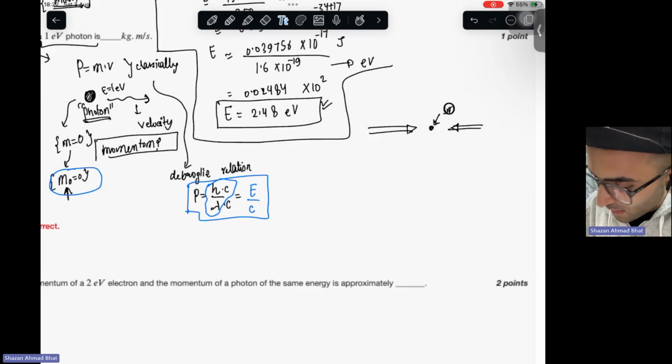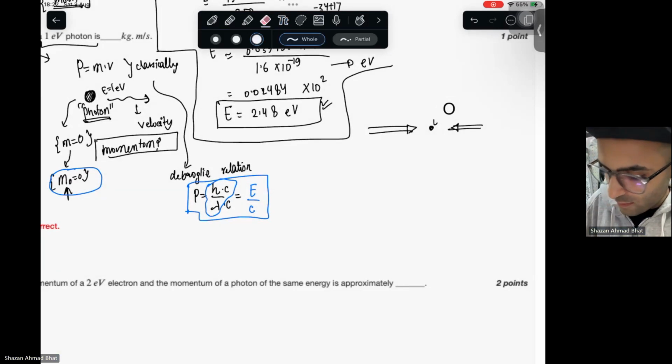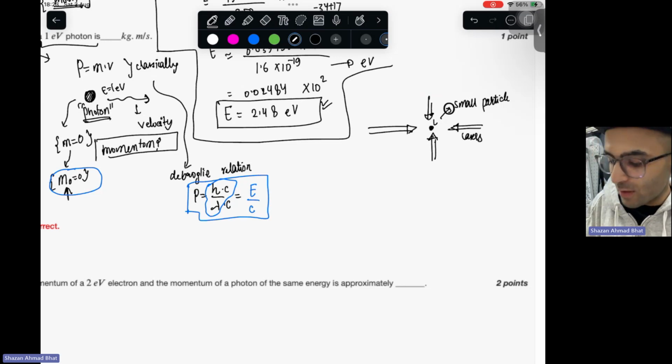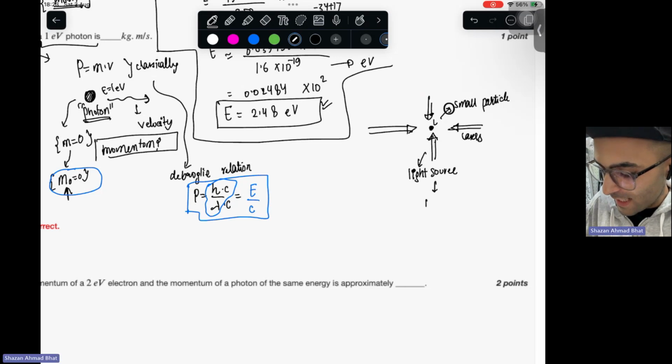if you have a small particle here, then you can actually trap this particle with the help of a laser. These are lasers. How does that happen? This light source, which is a coherent light source, has some pressure called radiation pressure.